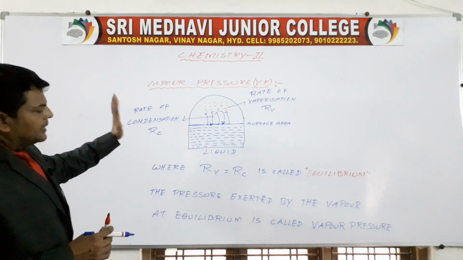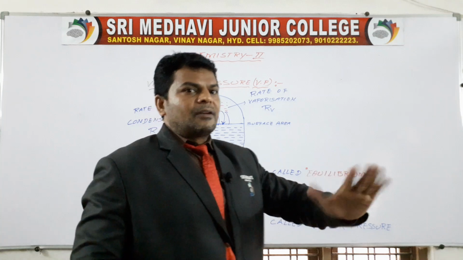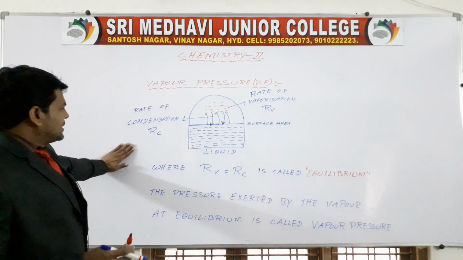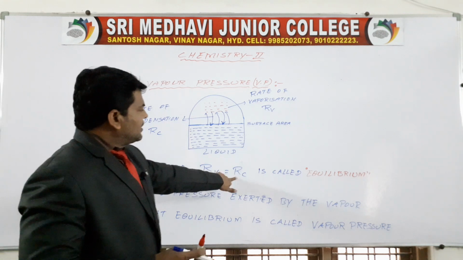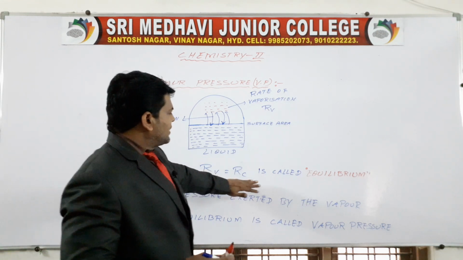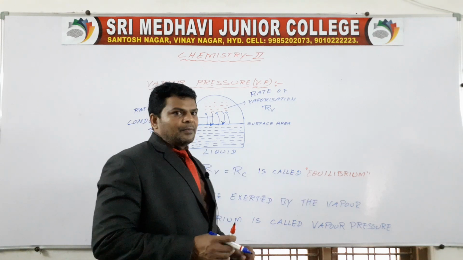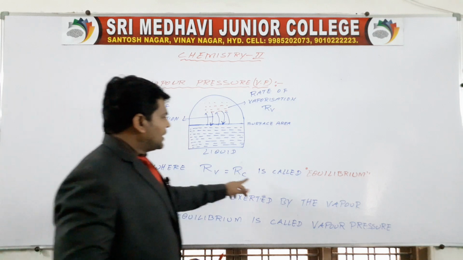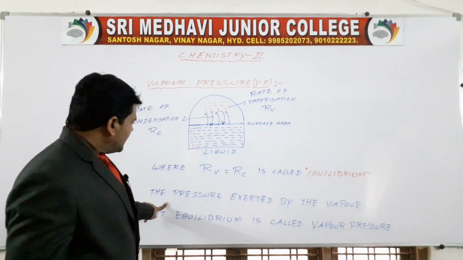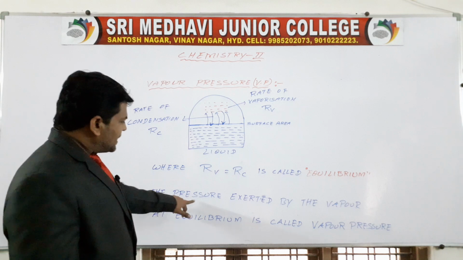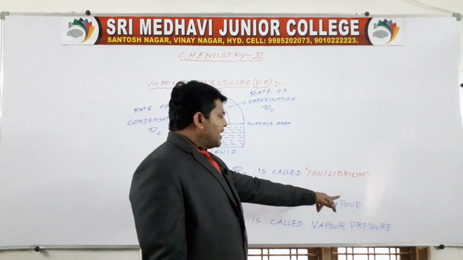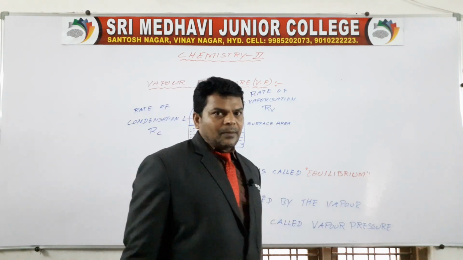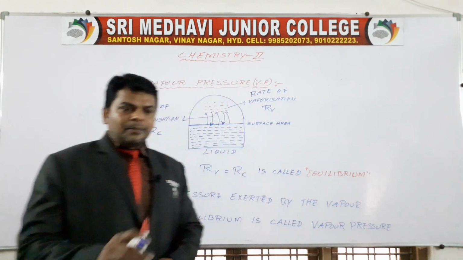How many gas molecules convert into liquid in 1 second is the rate of condensation, where RV equals RC, which is called the equilibrium state. Then what is vapor pressure? The pressure exerted by the vapor at equilibrium is called vapor pressure.